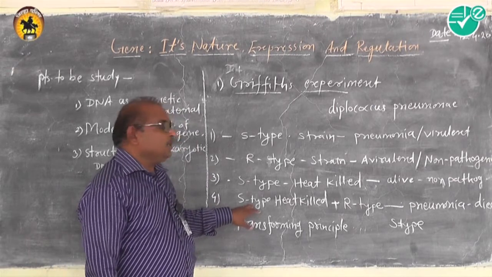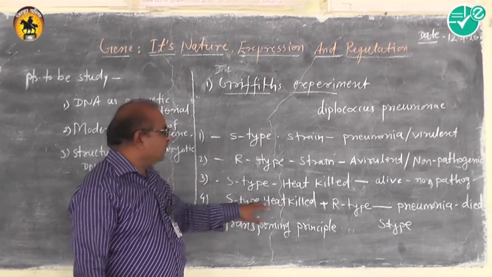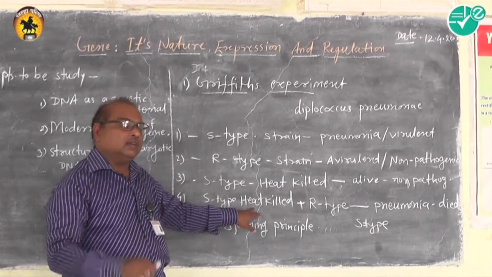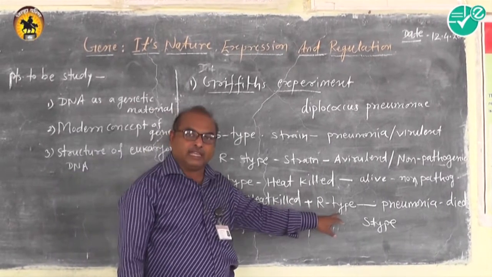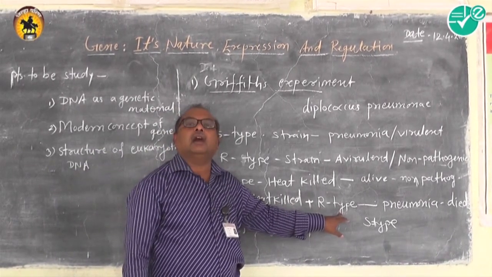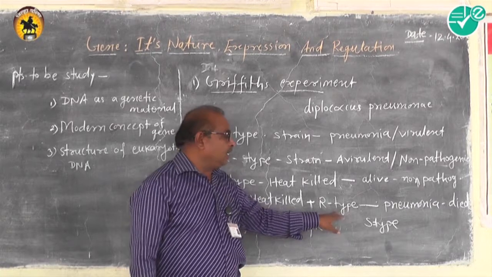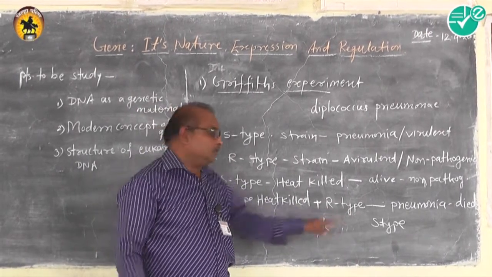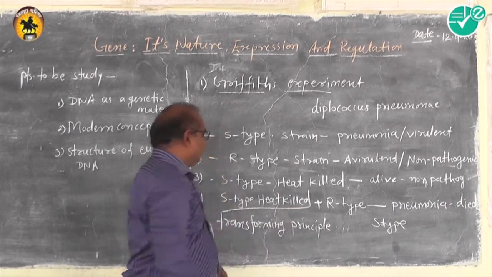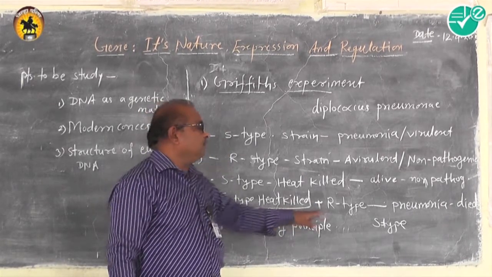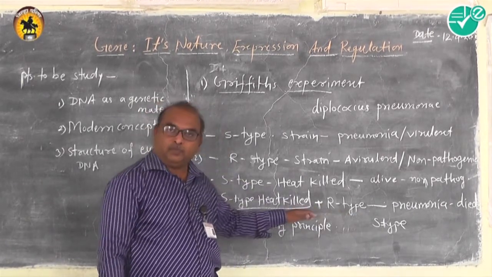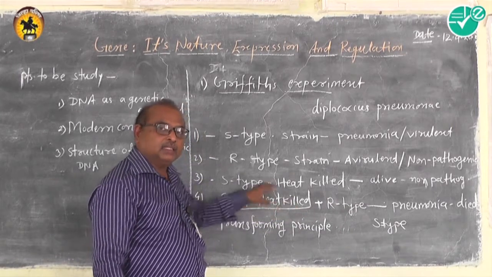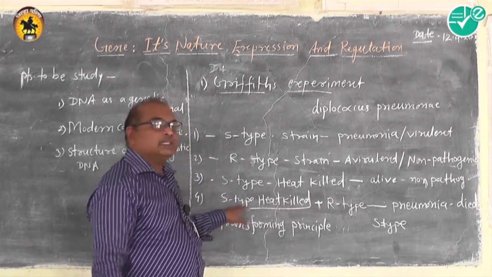Now in the fourth step, S-type heat killed gets converted into S-type using R-type. The R-type strain, in the surrounding nutrient medium with S-type, gets converted into S-type, and that is due to the S-type heat killed.